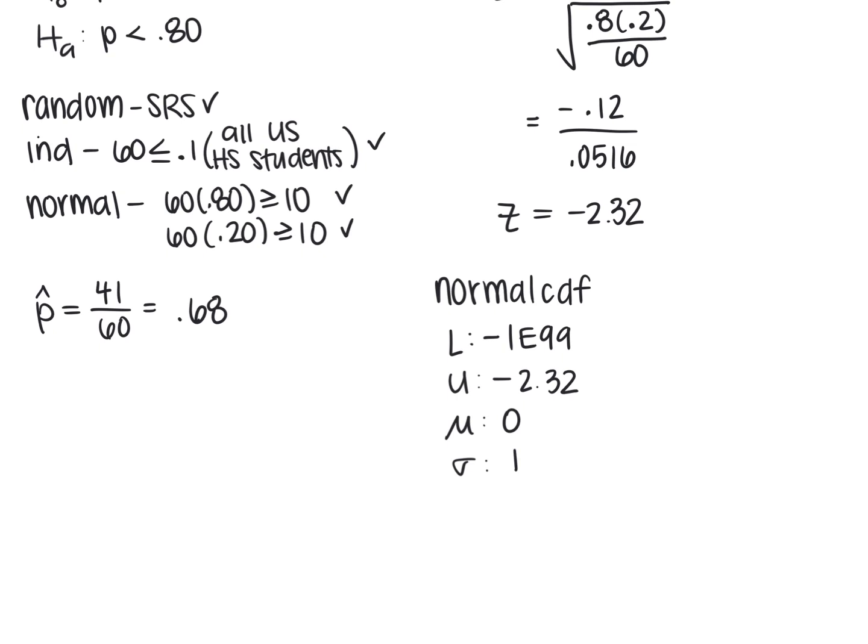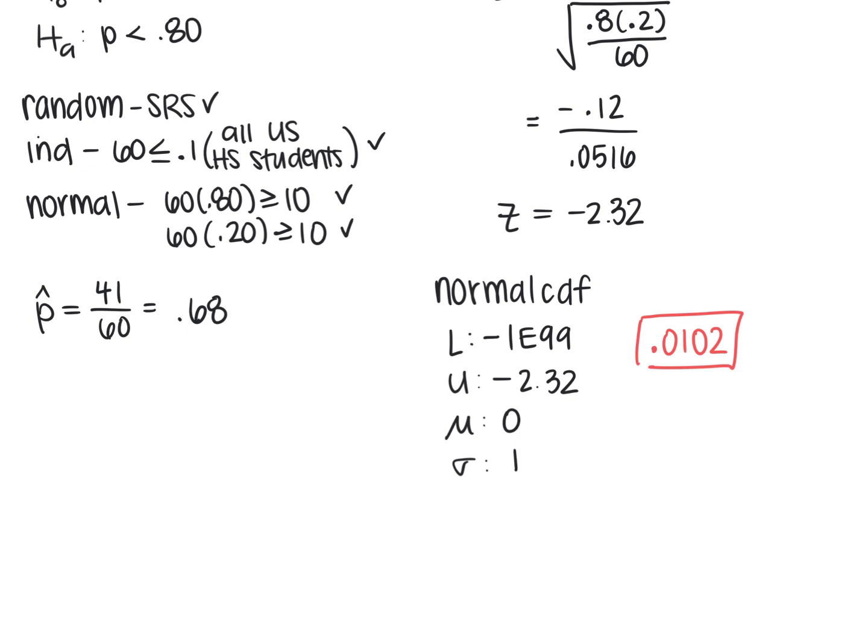And we're going to end up with the probability 0.0102. So in a sampling distribution, this is where I would stop and talk about how likely or unlikely it is to get your sample proportion.